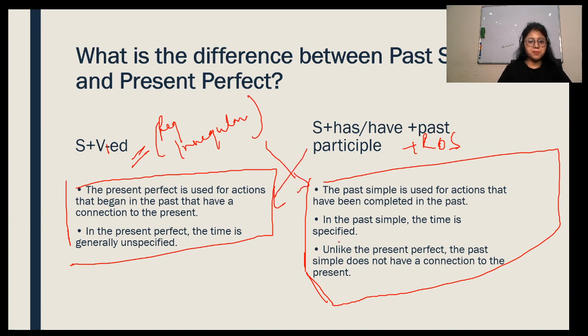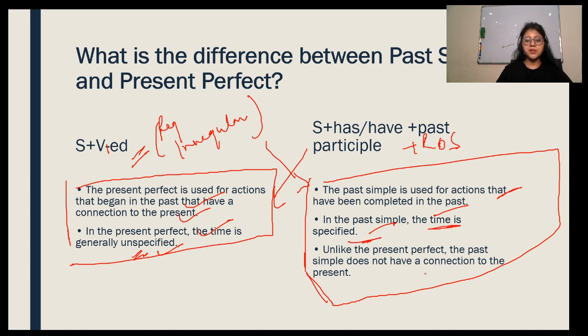We use the present perfect for actions that began in the past and that have a connection to the present. In the present perfect, the time is generally unspecified. Please note, in the present perfect, the time is generally unspecified. And we use the past simple for actions that have been completed in the past. In the past simple, the time is specified.